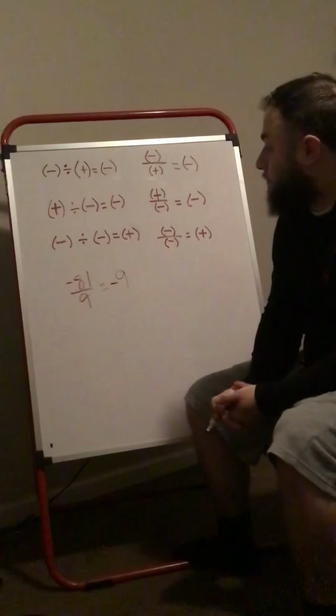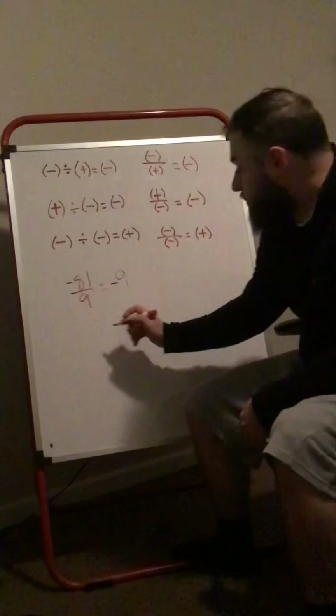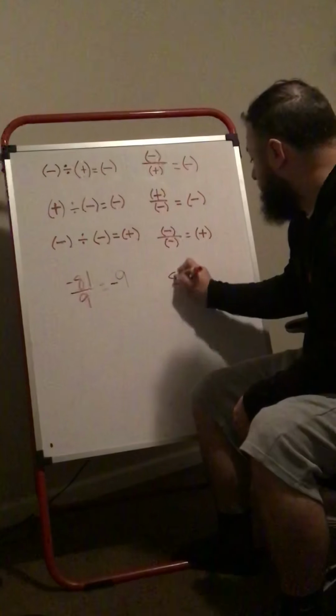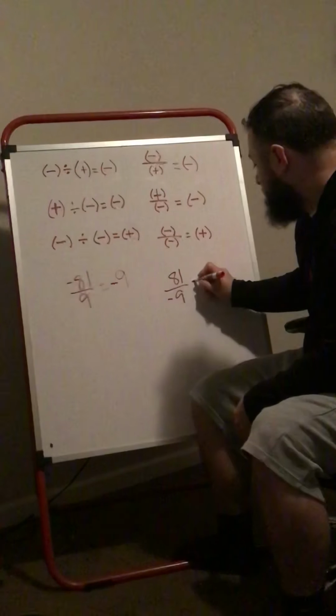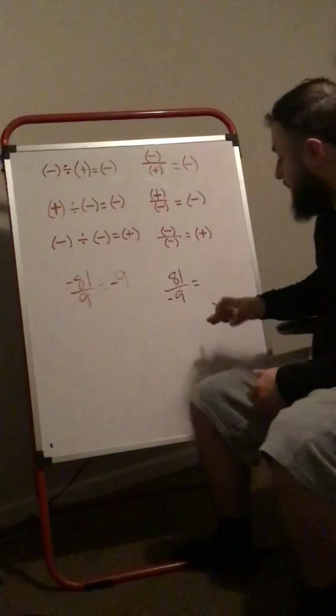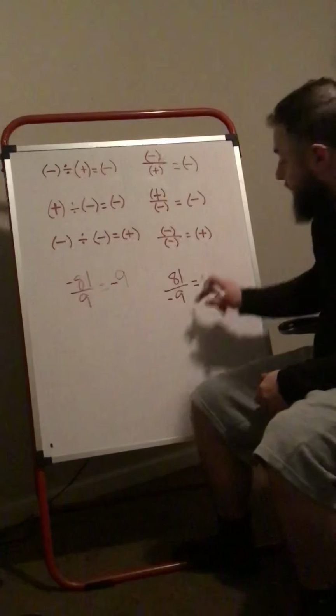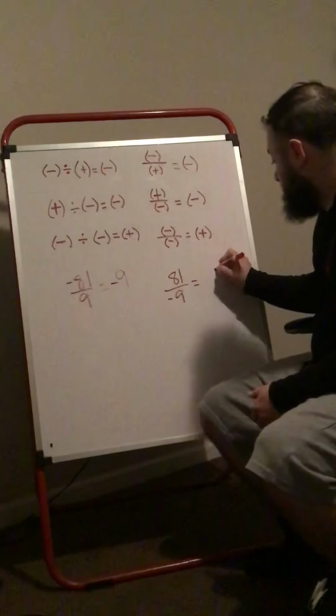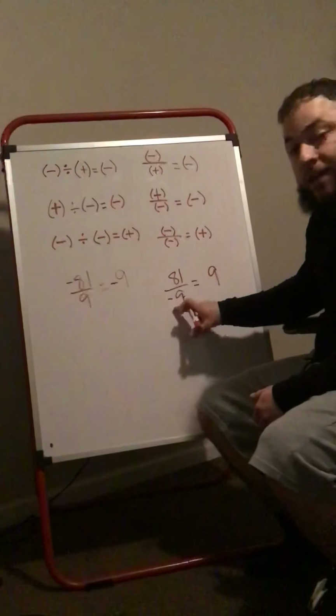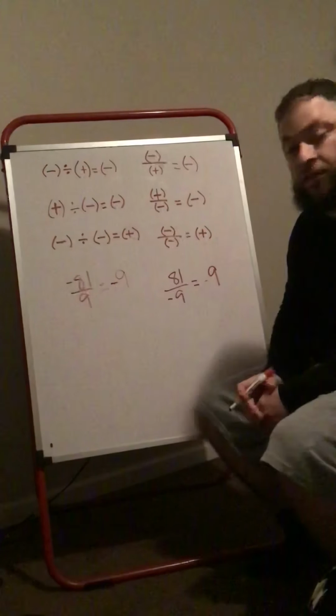So, if we flip that and you had 81 divided by negative 9, remember, it's still the same thing. We treat it as if that negative sign isn't there. We've got 81 divided by 9, which equals 9. But again, we have that one negative sign there, so we have a negative answer.